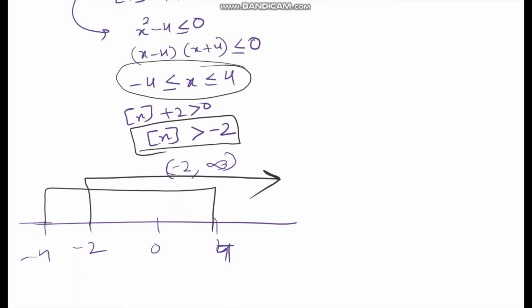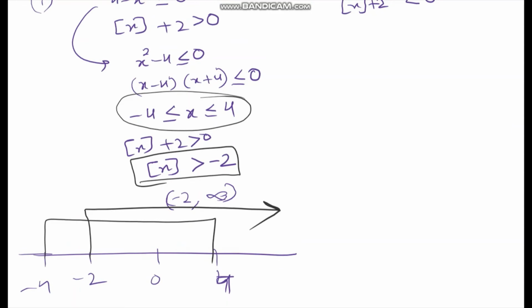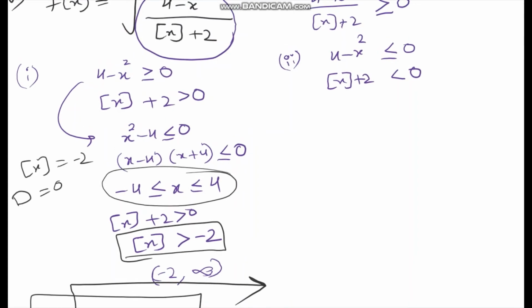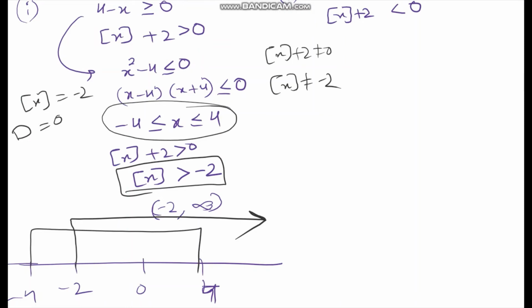But for step x more than minus 2, if step x equals minus 2, the denominator will be equal to 0. This step x plus 2 should not be equal to 0. Nothing but step x should not be equal to minus 2. Step x is minus 2 in the interval minus 2 to minus 1.